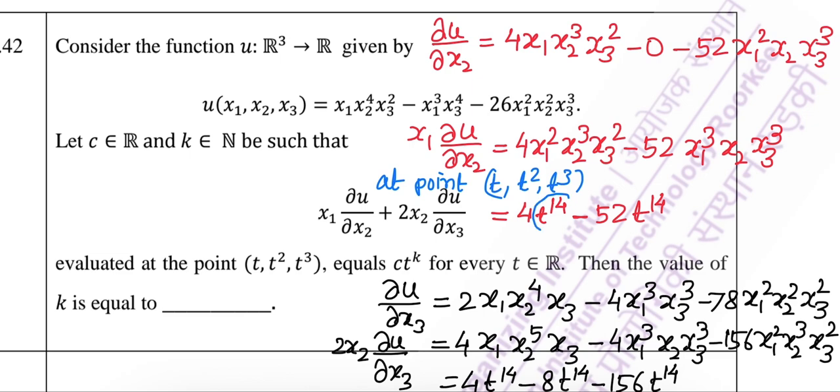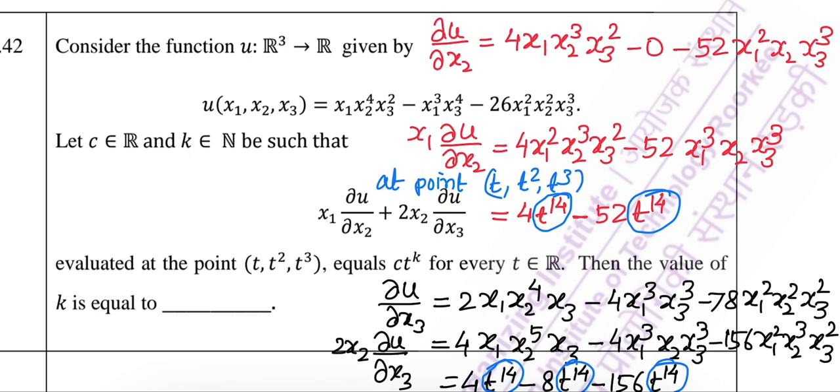in the first term you see t to the power 14, here as well t to the power 14, t to the power 14, t to the power 14, and the remaining coefficients are constants at all places.